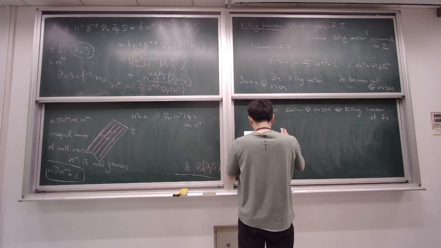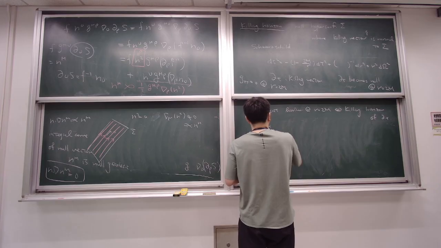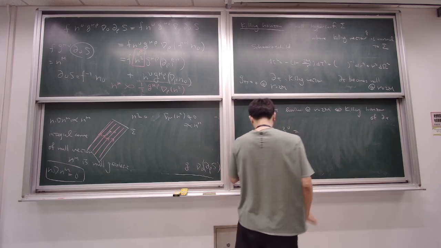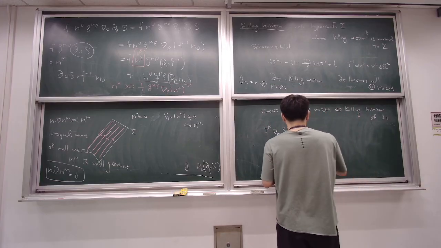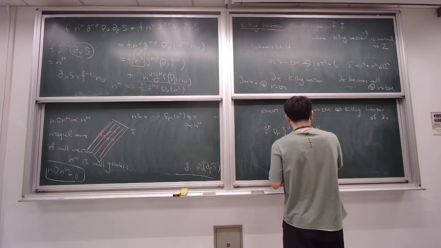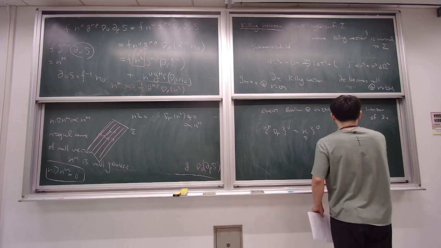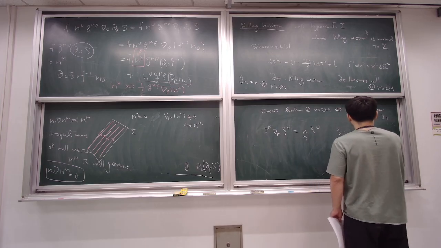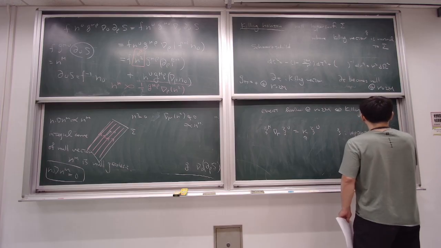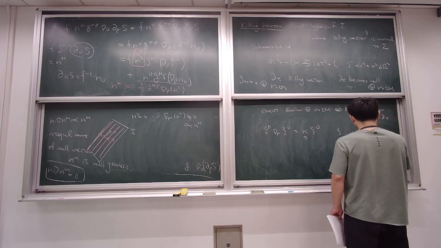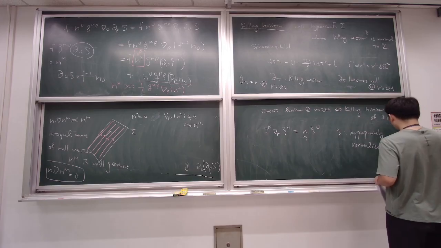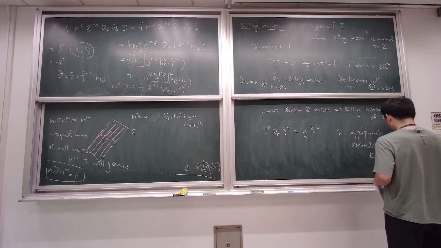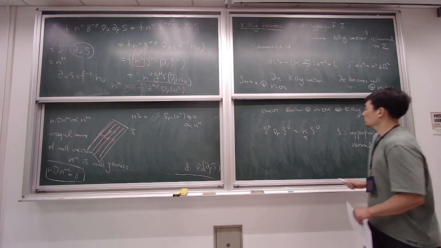With a properly normalized Killing vector ξ, ξ^μ ∇_μ ξ^ν is in fact equal to κ ξ^ν. So ξ is a normalized Killing vector, and this is called surface gravity.